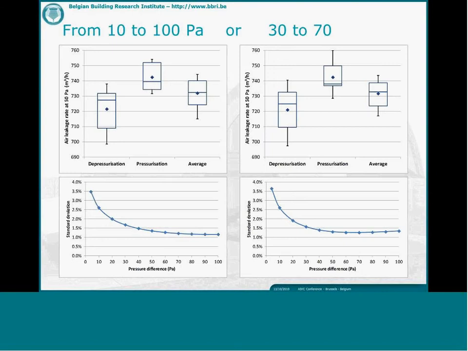And if we compare the standard deviation of the results, you see that, yes, the standard deviation is a bit higher for measurements taken from 30 to 70 Pascals. But remember, this is for the results at 50 Pascals. Maybe if we go to results at 4 Pascals, the variability will be higher.